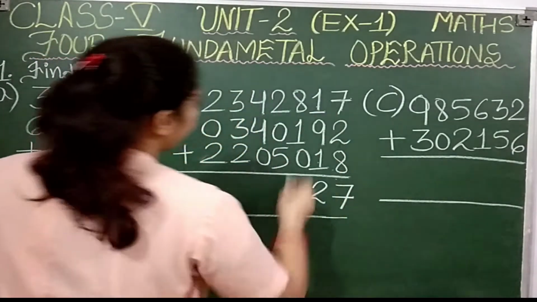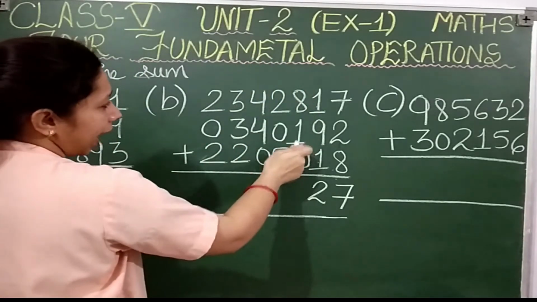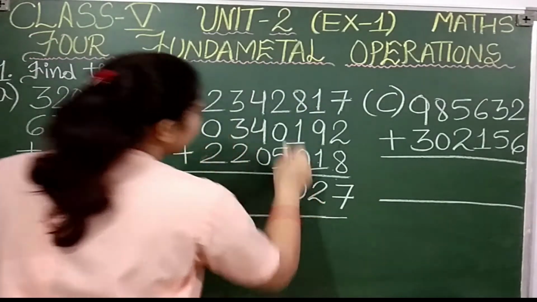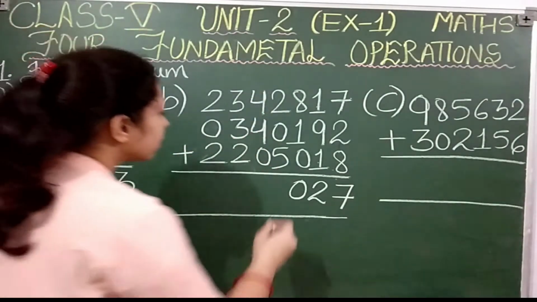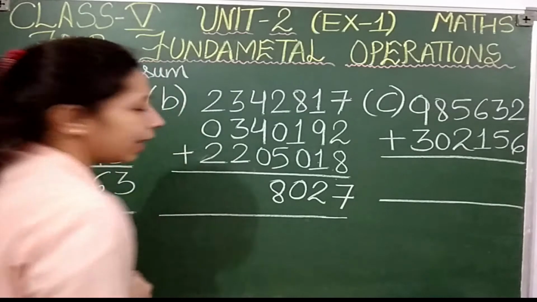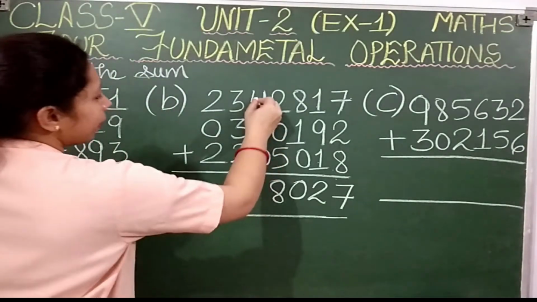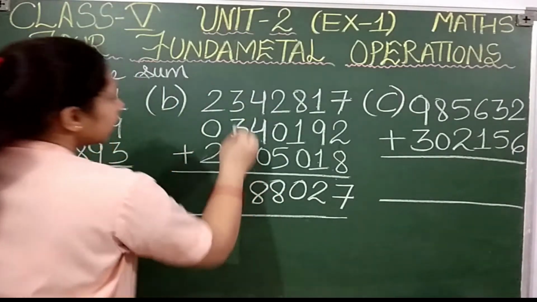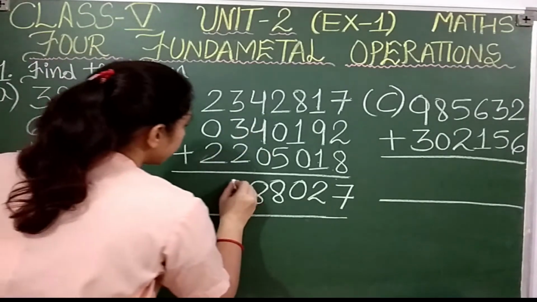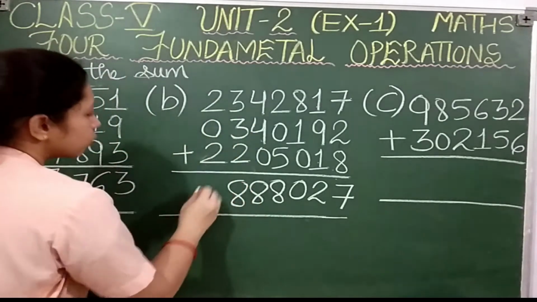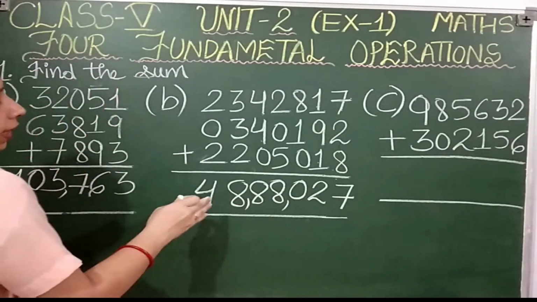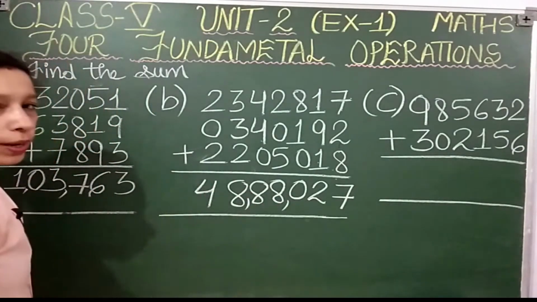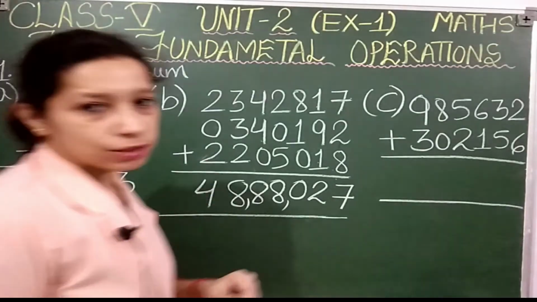Again 1 carryover. 8 plus 1, 9, 9 plus 1, 10, again 1 carryover. 2 plus 1, 3, 3 plus 5, 8. Clear students? 4 plus 4, 8, then 3 plus 3, 6, 6 plus 2, 8, then 2 plus 2, 4. Like this we added and we got 48,88,027.